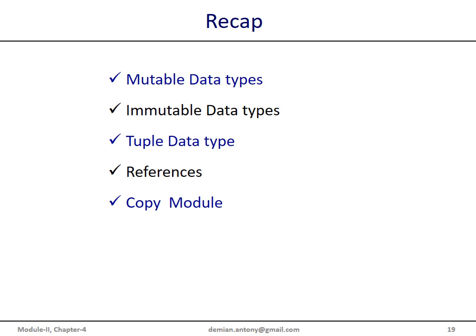There is a special data type called tuple, which is very similar to list. The difference is tuple is an immutable data type, and all the operations on lists are also supported for tuple data type.